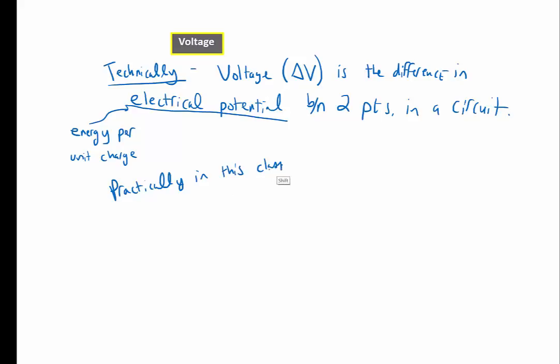Practically in this class, we're going to look at voltage a little bit differently, thinking in terms of positive or negative. A voltage is going to be like energy given to charges by a battery.